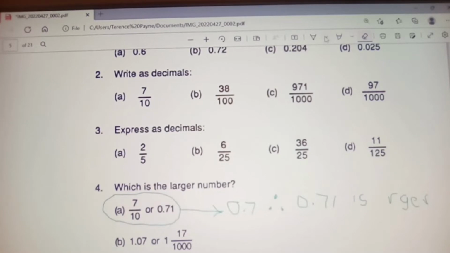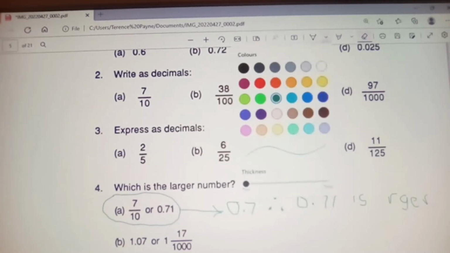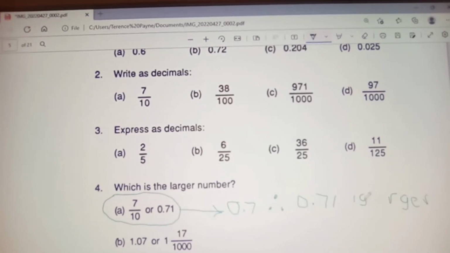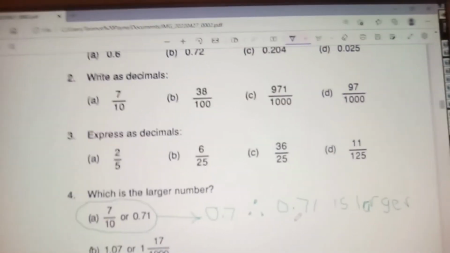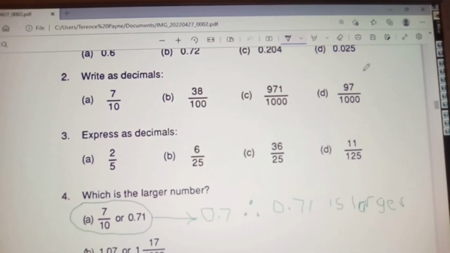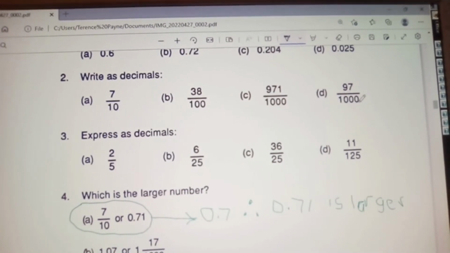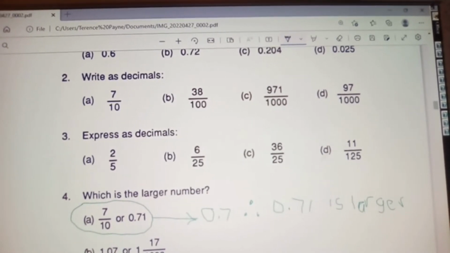Okay, so let me get my pen back. Is larger. Sorry about the scribbly writing, but that's how it comes out at times. Okay, it's larger.